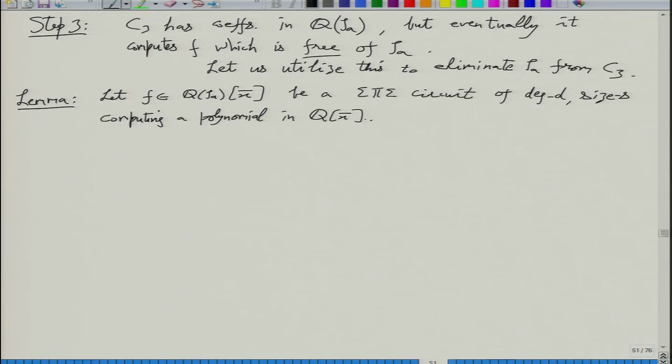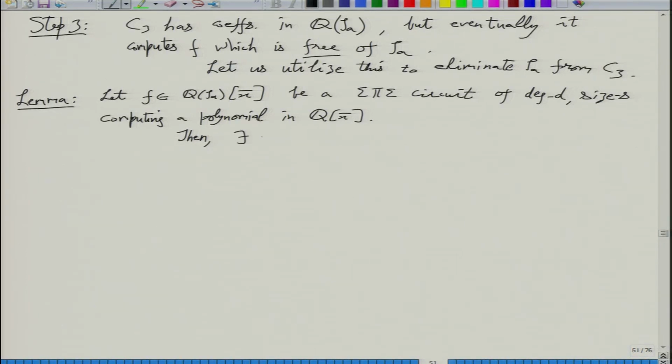Okay, so we are looking at a circuit that uses higher constants, but ultimately computes only lower constants as coefficients. So then these higher constants can be removed.